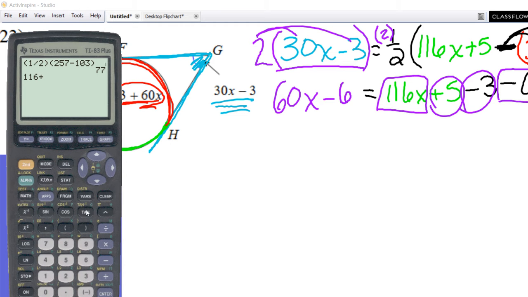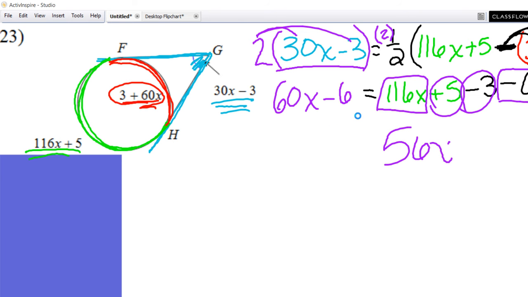So 116 minus 60, and that's going to give me 56x. Now if I combine the numbers, I have a positive 5 minus a 3, so that's going to give me a positive 2, my equal sign, and I just bring everything down here.